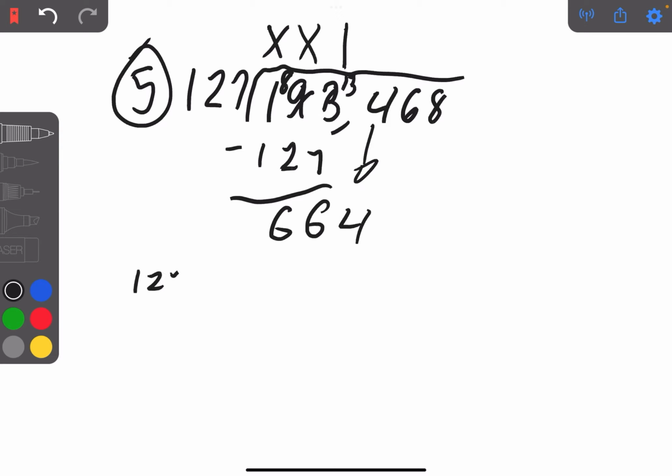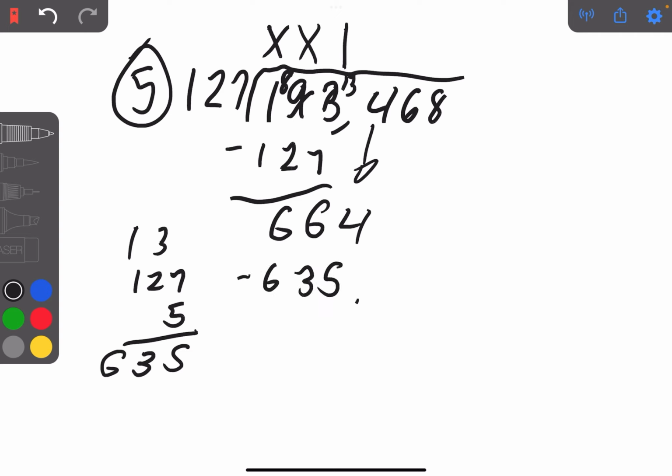We do 127, and I'm guessing it's going to be 5. So we get 635. Minus 635. We get 29. And we'll add our 5. Don't forget, you don't want to forget to add your numbers.